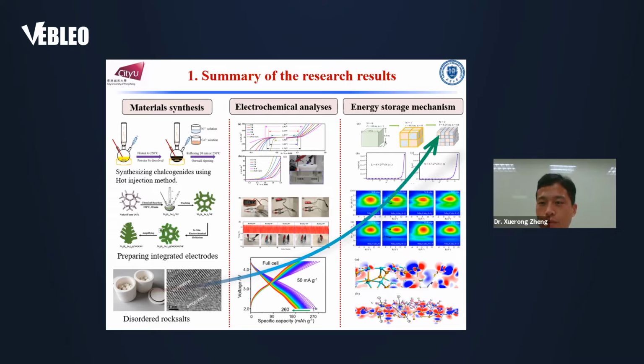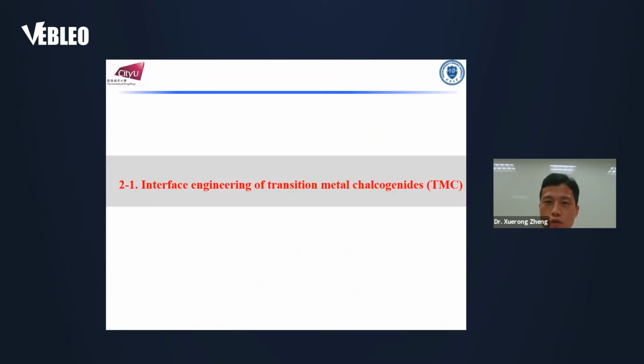And then we perform the in situ or ex situ synchrotron techniques and also TEM combined with the DFT calculations to decipher the storage mechanisms. Here, I will introduce two representative works I have done.